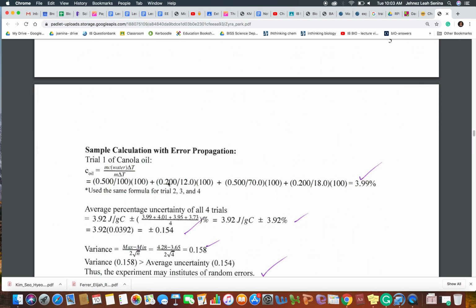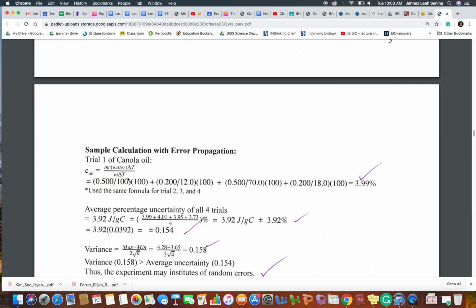So 0.2 divided by the temperature change, which is 12, times 100. So you get the percent uncertainty of that. And then again, percent uncertainty of mass of oil and percent uncertainty of the temperature of water.